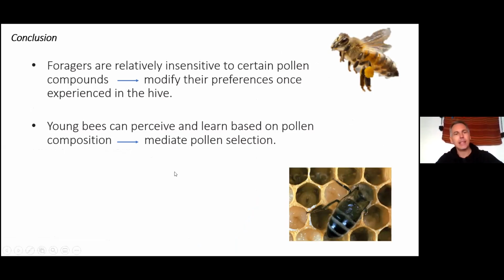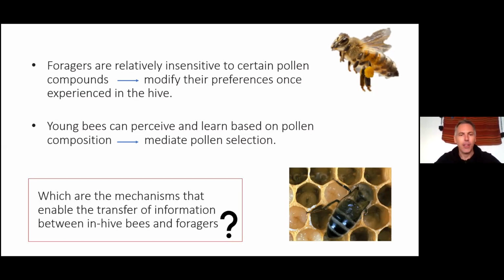And from this experiment, we might get that young bees perceive and learn pollen characteristics, and we suggest that they might be involved in mediating this pollen selection. The question that we need to address now is what are the mechanisms that enable such transfer of information between in-hive bees and foragers. This is something that we are working on.